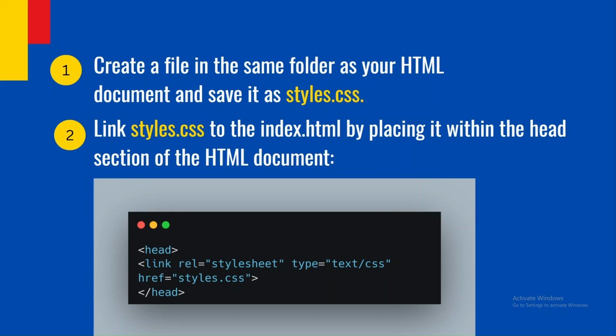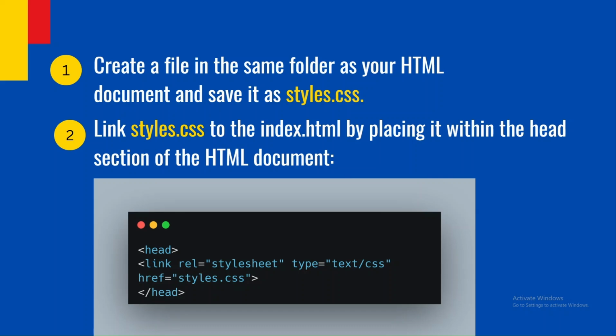And you save the file as styles.css. Meaning the file name will be styles and the extension would be .css. This is similar to how we created our HTML file and then named it index.html or about.html.